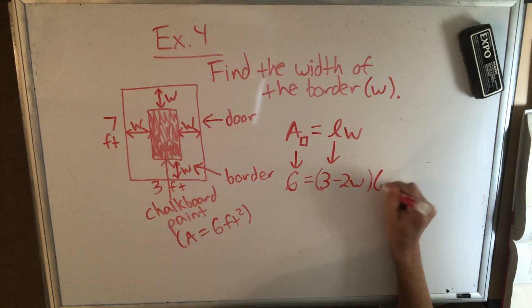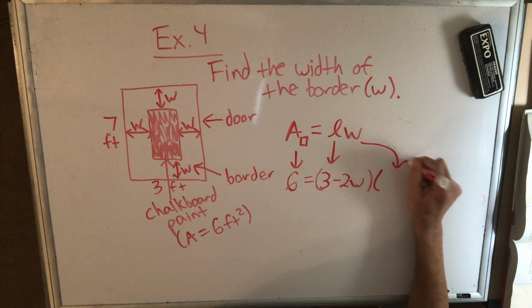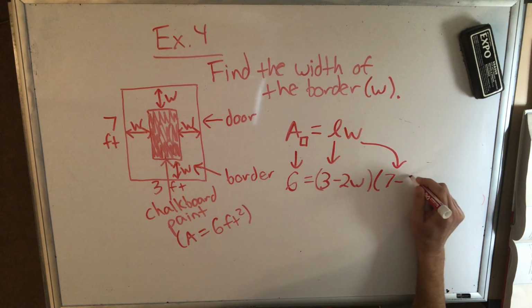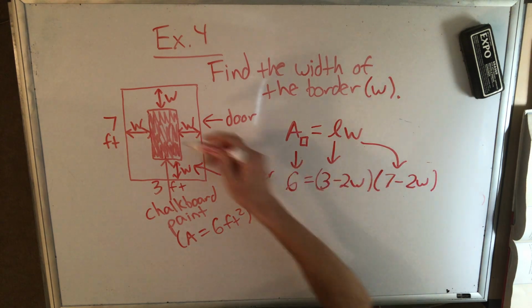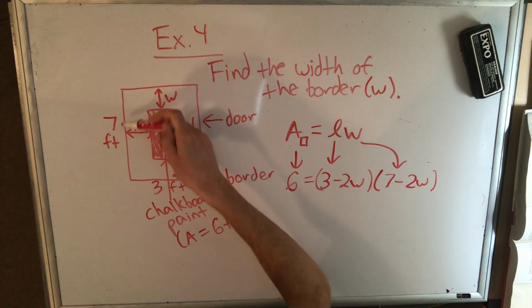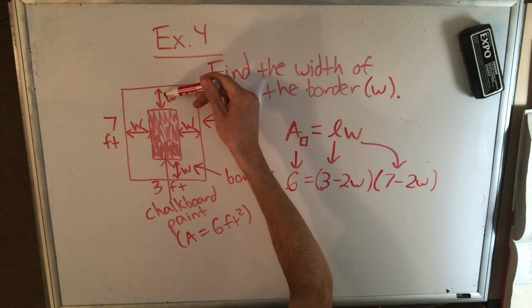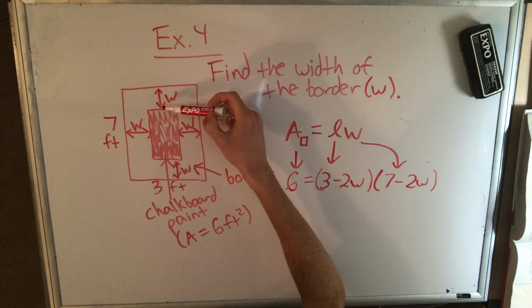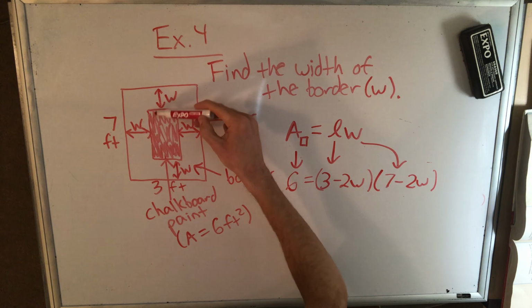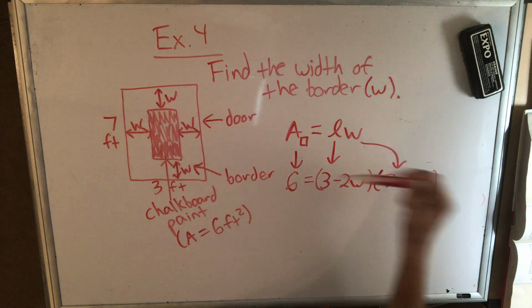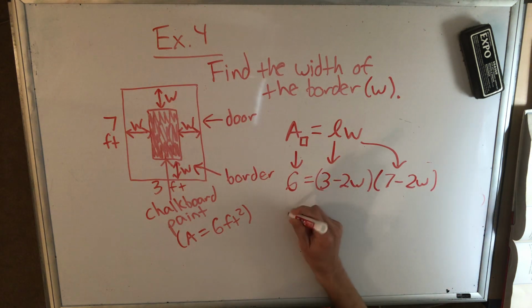And then the width of the chalkboard paint is 7 minus 2w. Because the width of the entire door is 7 feet, then subtracting the 2 w's, you're left with the width of the chalkboard paint, 7 minus 2w.